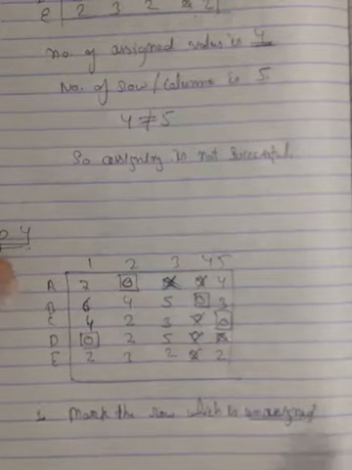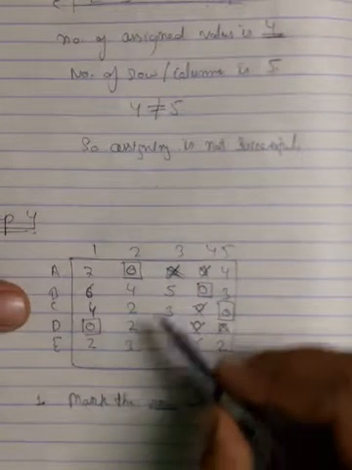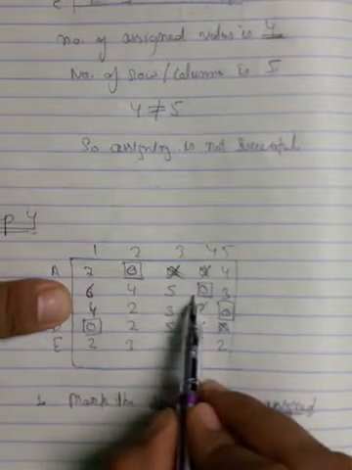If you see this matrix, the first row is assigned, the second row is also assigned, the third row is also assigned, the fourth row is also assigned. The remaining fifth row is unassigned, so I have to mark this.